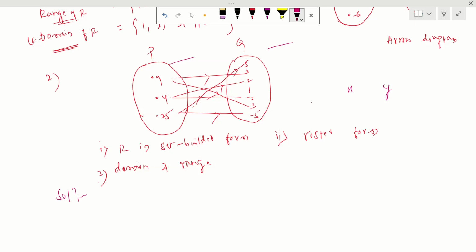First element means the elements from the first set, and the elements from the second set will be called the second element. You just remember that difference between first element and second element. Okay, when we observe these, 9 is matching with 3 and minus 3, so what?